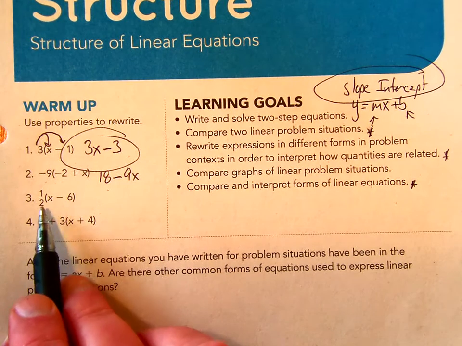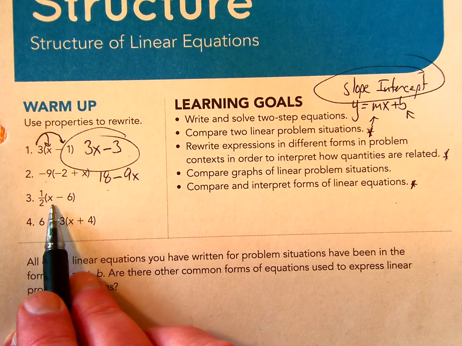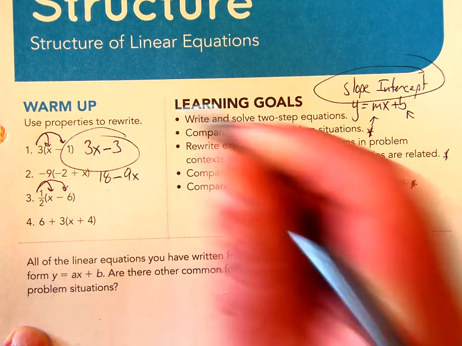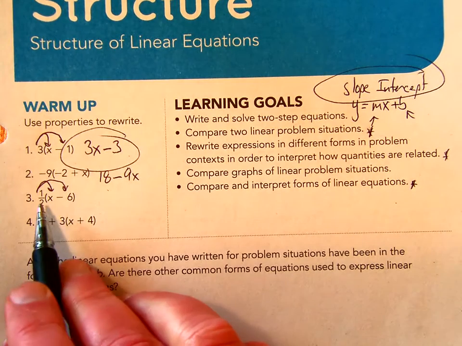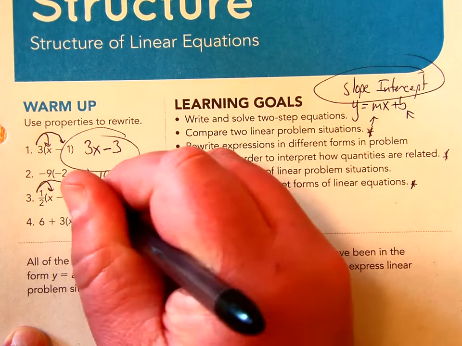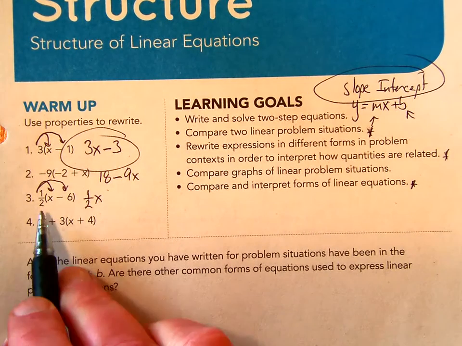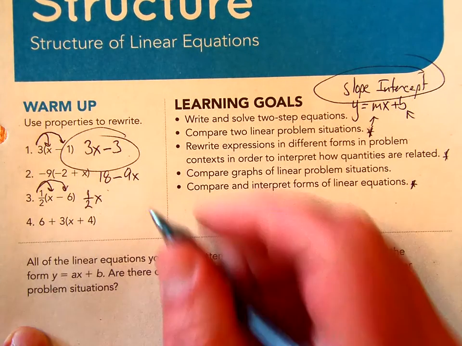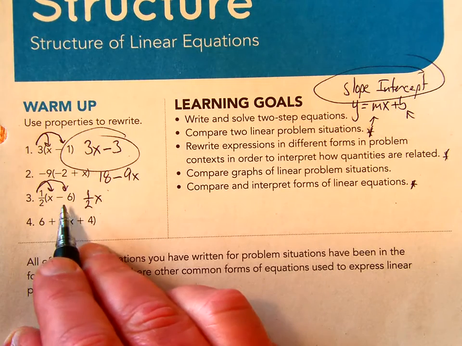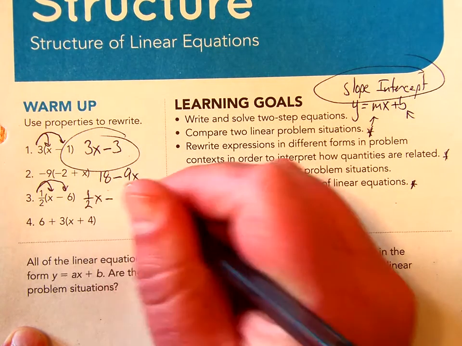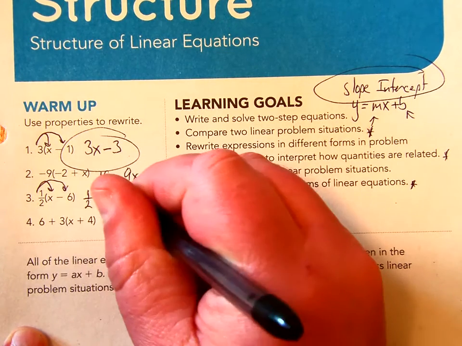Number 3, 1/2, open parenthesis, x minus 6. We're going to follow that same pattern. We're just going to multiply into the parenthesis. 1/2 times x, or half of x, is just 1/2 x. 1/2 times negative 6, positive times negative is negative, and half of 6 is 3.